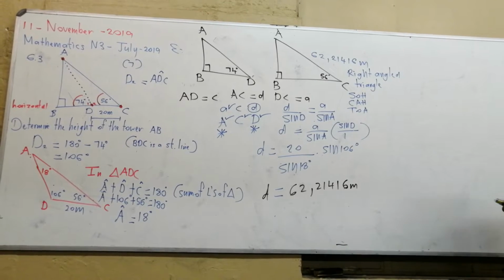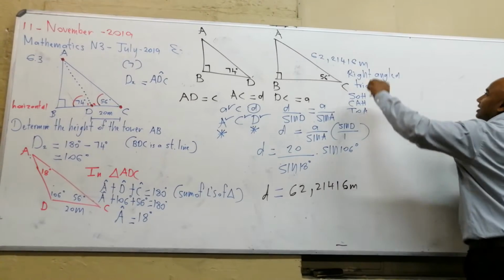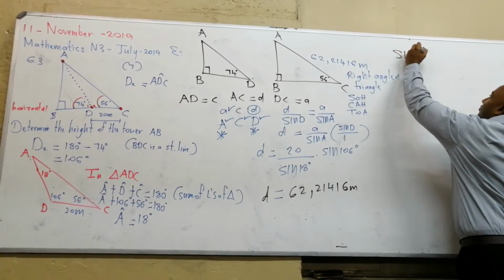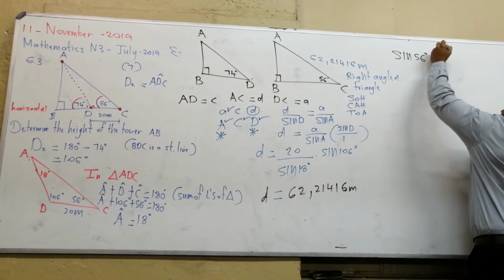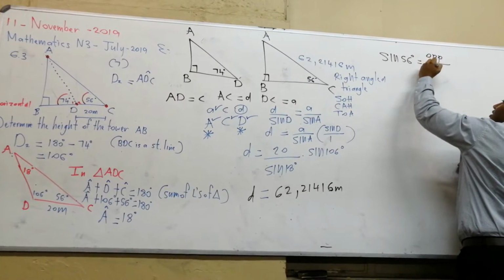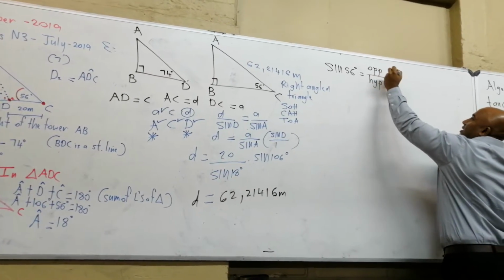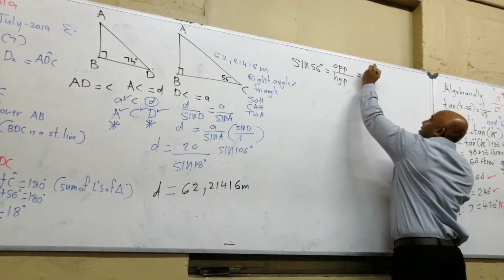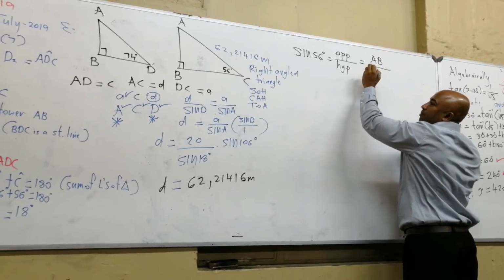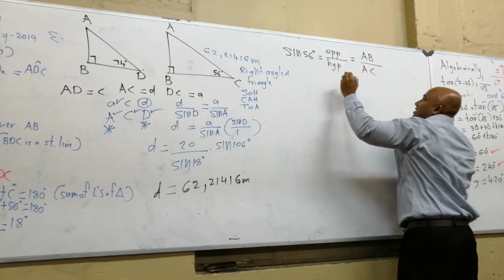sine. Alright, so now we're going to go sine of 56 degrees is equal to opposite over hypotenuse. My opposite is AB. My hypotenuse is AC.